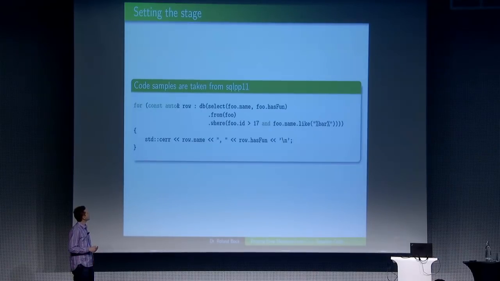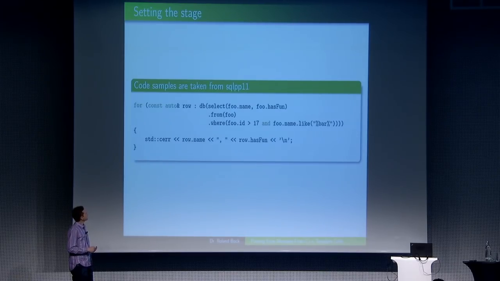Some where condition, and then if you give that to your database, then that will give you back a range of results, and you can iterate over this range, and the result types are friendly enough to mirror the names of the columns that you've introduced here, or the names of any kind of expression that you introduced here.